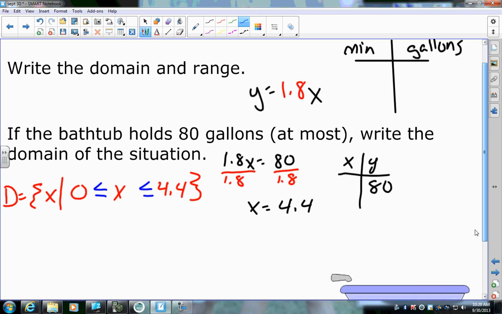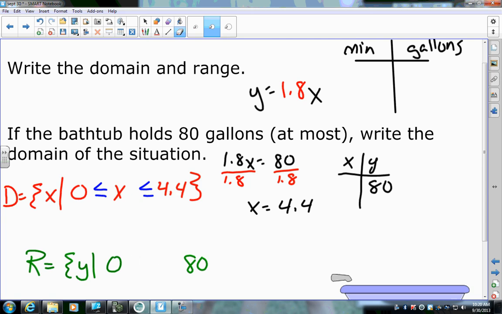Now my range. What would my range be? The bathtub is empty, so it starts at what? 0, and it goes up to what? 80. Y is in between it.